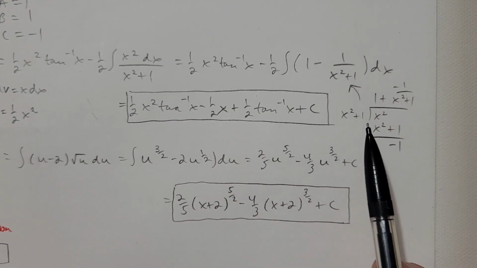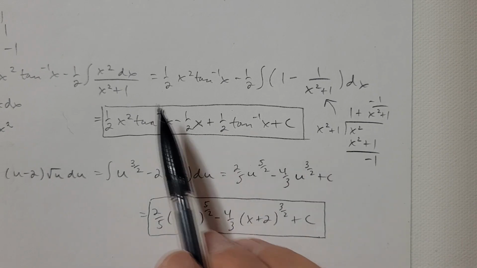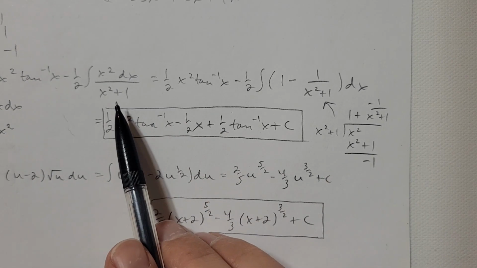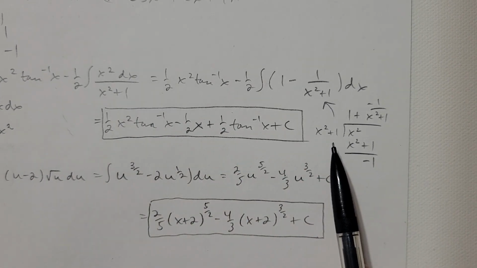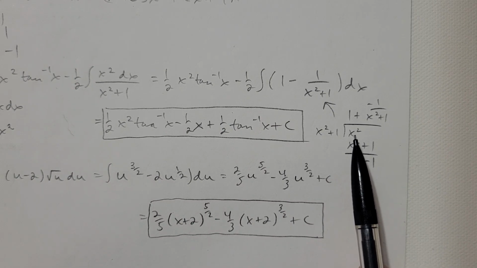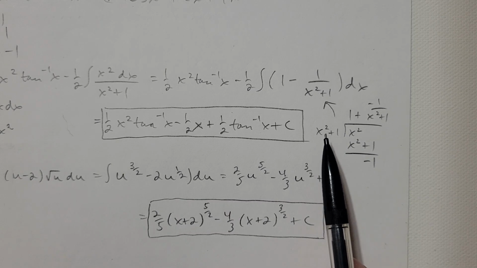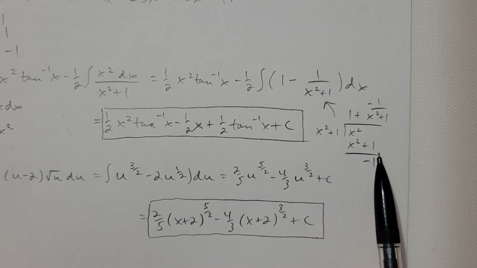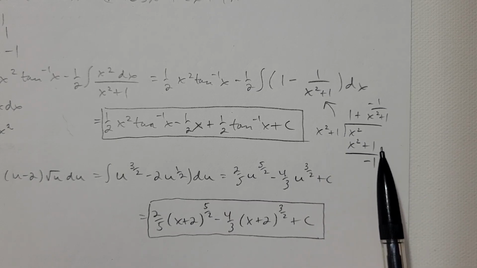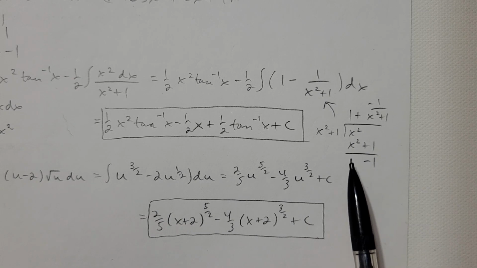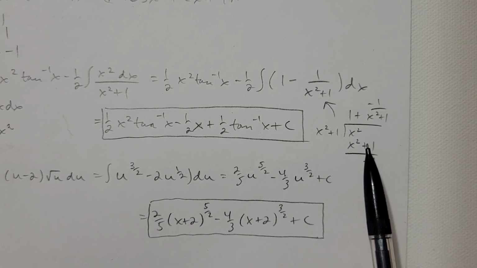But if I divide this out, and I've got the division shown there, so x squared plus 1 is going to go outside the division bar, x squared is going to go underneath it. And to begin dividing, I have a 1 up top. 1 times x squared plus 1 is x squared plus 1. We're subtracting these functions. x squared minus x squared is 0. 0 minus 1 is -1.